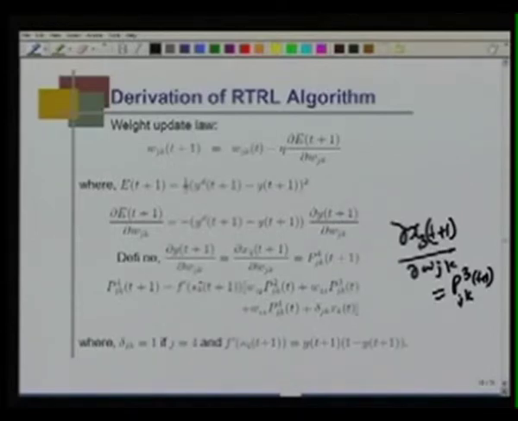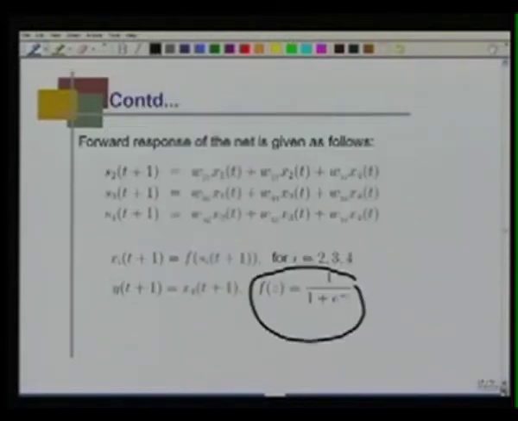So, if we differentiate this x4 with respect to w_jk, you can easily see that S4 is this particular term.